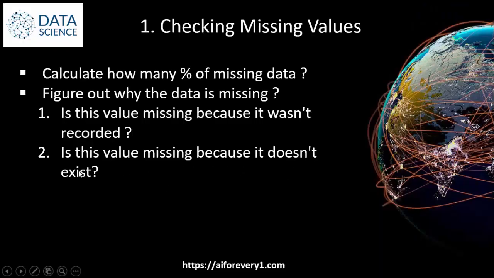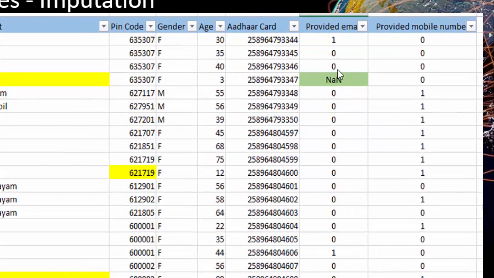Now we will see the second category. It doesn't exist. This value doesn't exist. How? Actually, the provided email column has two values, 1 and 0. 1 means the person has an email ID, 0 means the person does not have an email ID. Based on that condition, if you check this row, age 3, there is more possibility that she may not have an email ID.